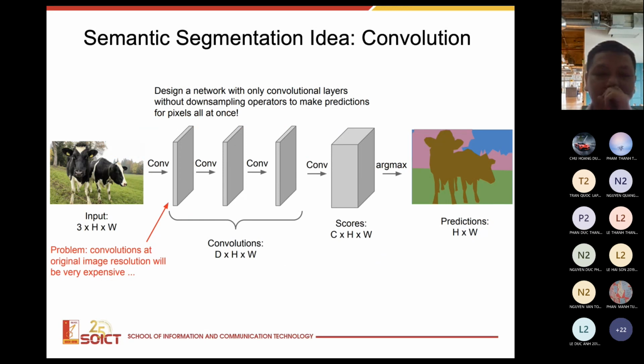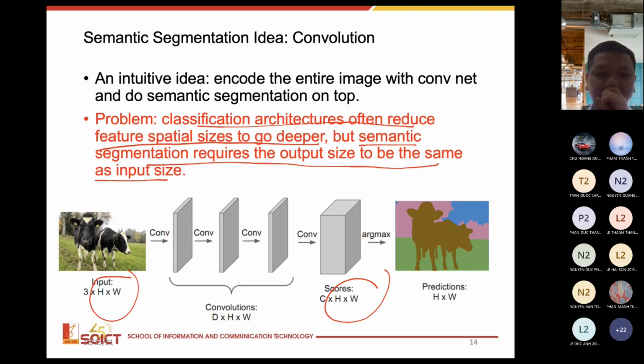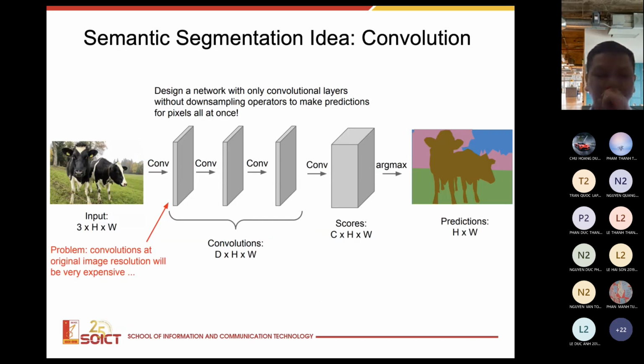If we use a convolution layer that keeps the size of the output the same as the input, then the convolution will be a bit expensive.